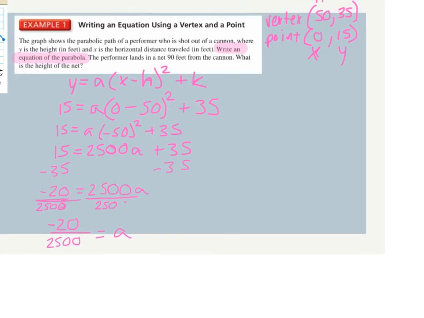So now that we found our a, we can take our a, our h, and our k and plug it into our equation, and that's going to be our equation of the parabola. So we leave our y and our x as y and x. So we have y is equal to negative 20 over 2,500. We can simplify this. What would this simplify to?